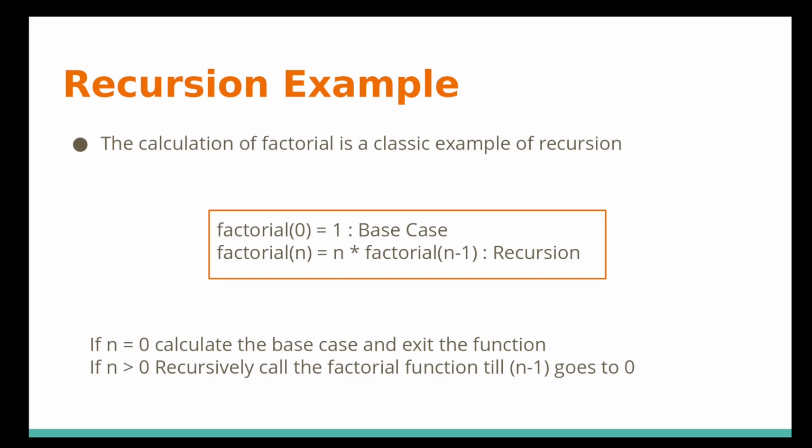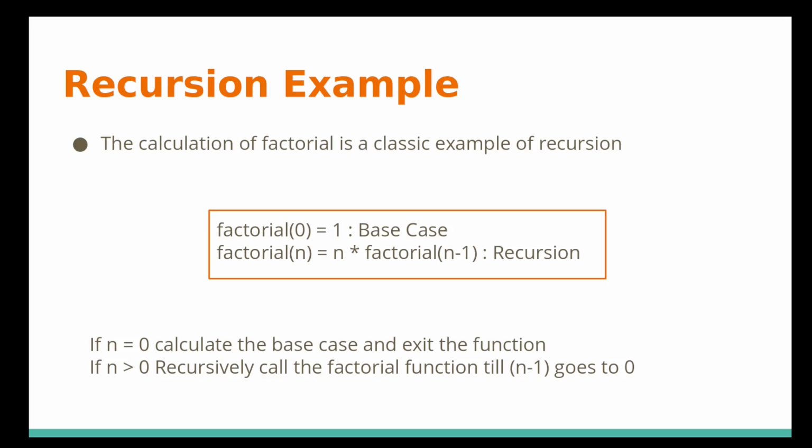A classic example of recursion is the calculation of factorial. We know that the factorial of 0 is 1, so this is our base case. Then we know that the factorial of any number n is equal to n times the factorial of n minus 1. Let's say n is equal to 2. We know that the factorial of 0 is 1.